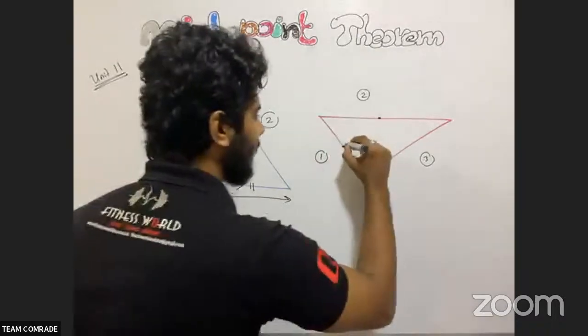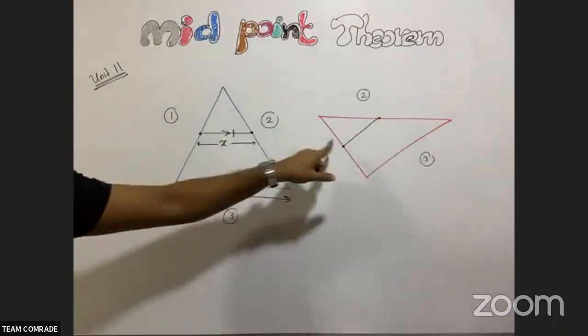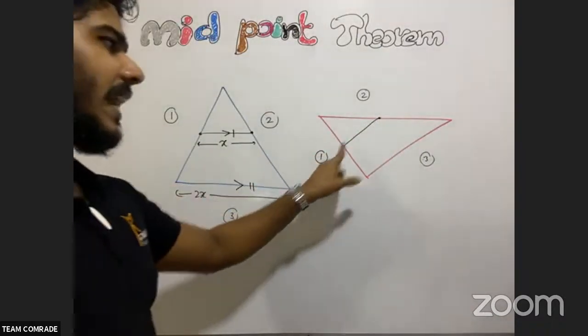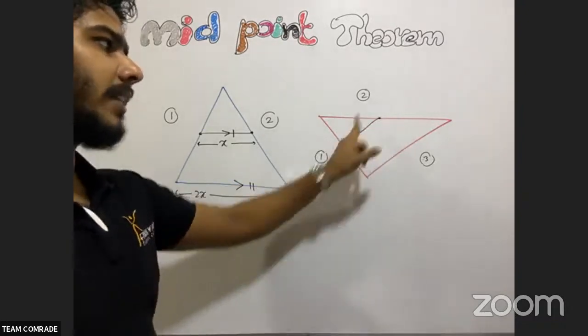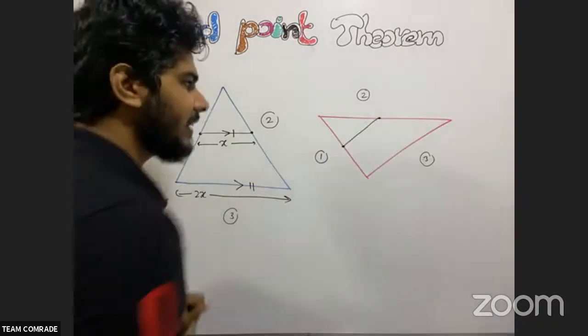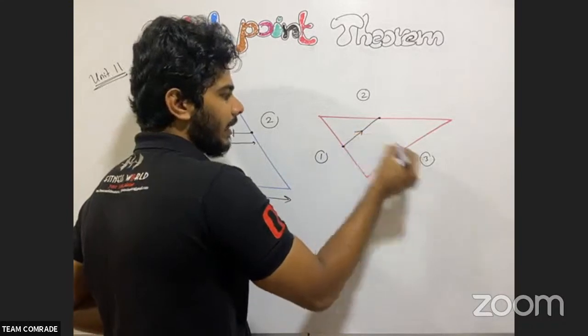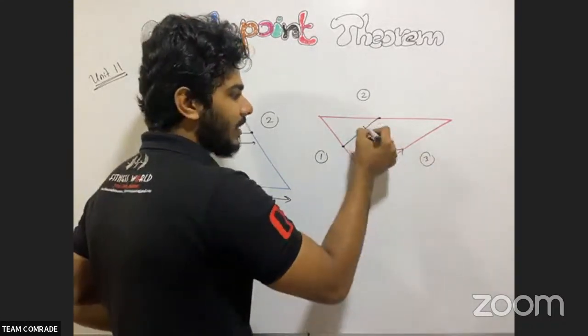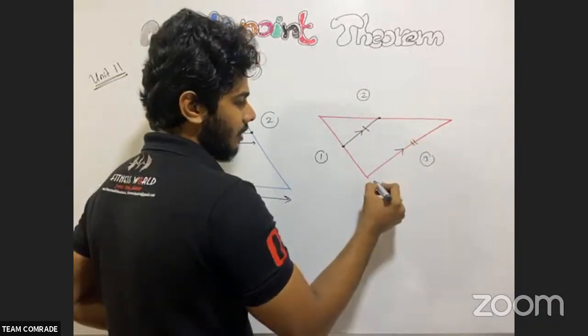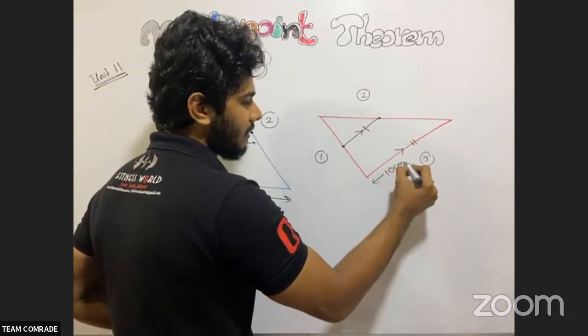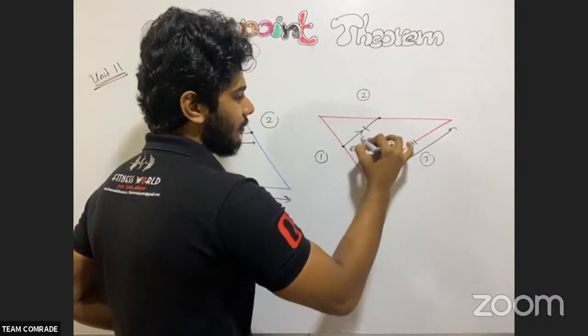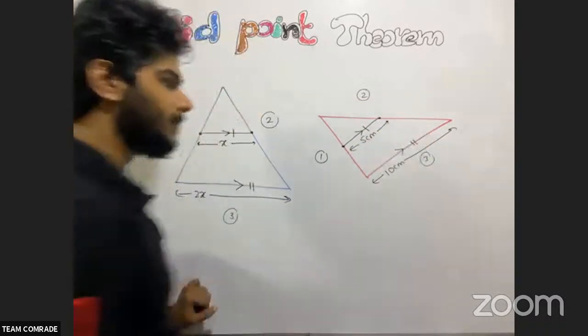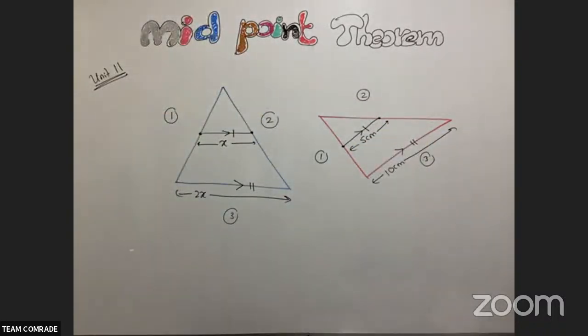A straight line segment which joins the midpoints of the first and second sides of a triangle is parallel to the third side, and its value is half of that length. So if this is 10 centimeters, this is 5 centimeters. Is it clear?